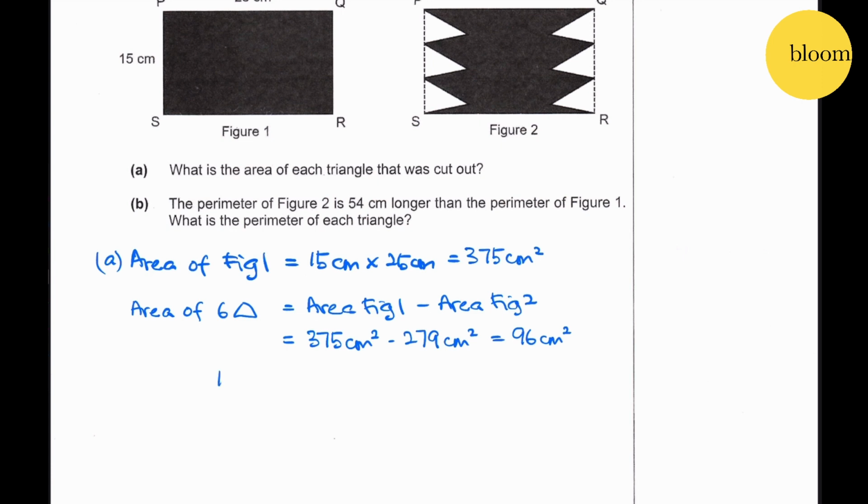Area of one triangle equals 96 cm² divided by 6, which gives us 16 cm².